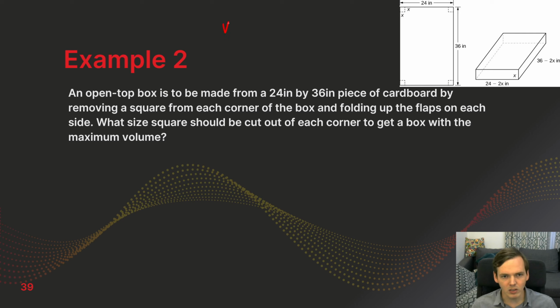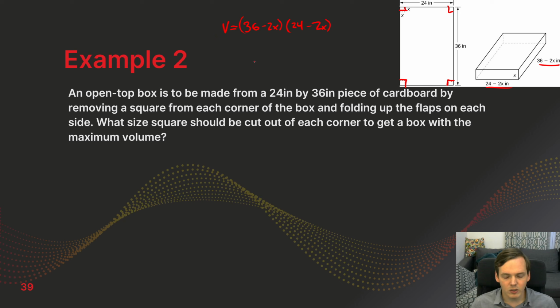We know that the volume should equal 36 minus 2x times 24 minus 2x. Because if you look at the sketch that was given to you, we can imagine cutting these corners out, they're x by x, so we lose 2x from each length or width. So that's our volume.